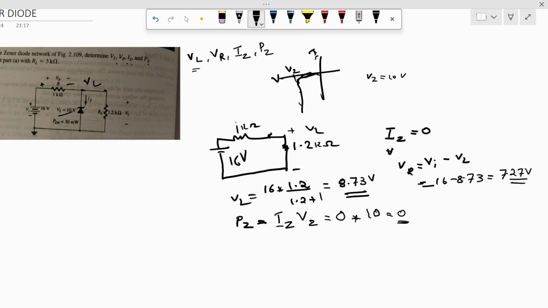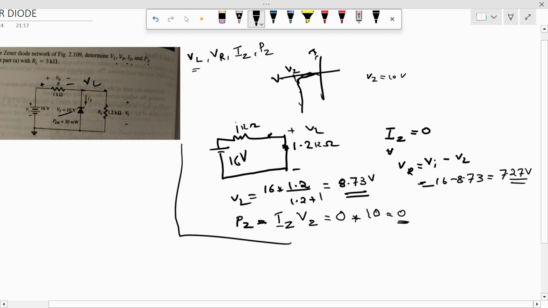Then what is the next part? With this resistor R, we can say that this Zener diode cannot be in an on state, right? It cannot be operated as a regulator. So for that, what do we have to do?